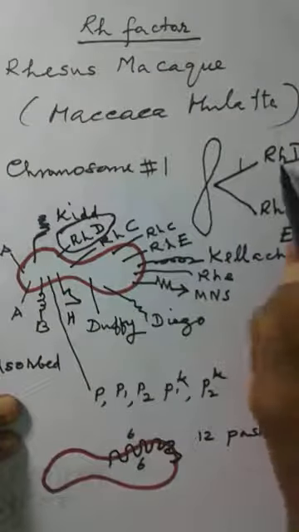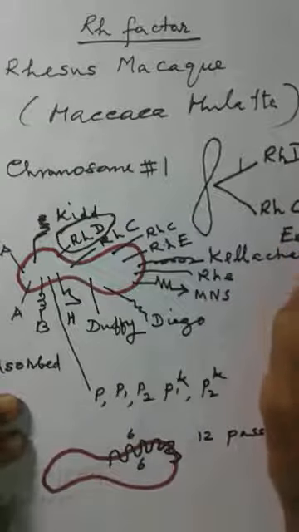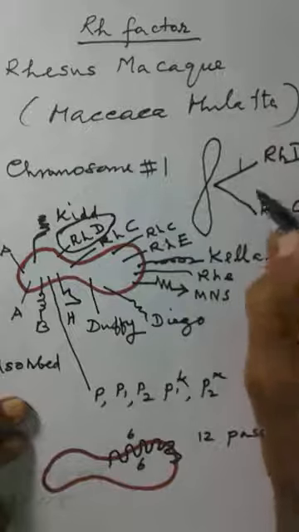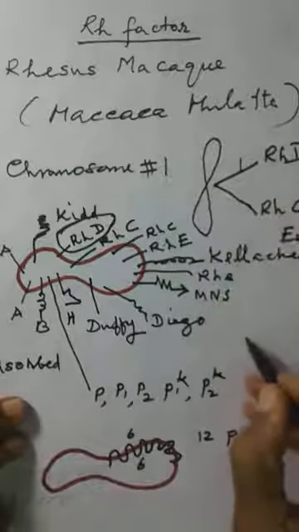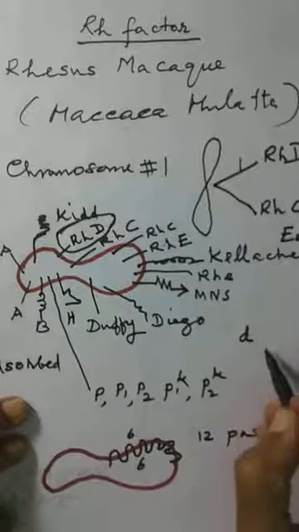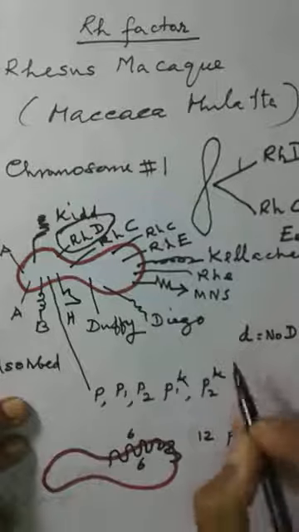There is no small d. Small d means there is no capital D. Sometimes if you write a d like this, that means there is no capital D. This is the meaning.